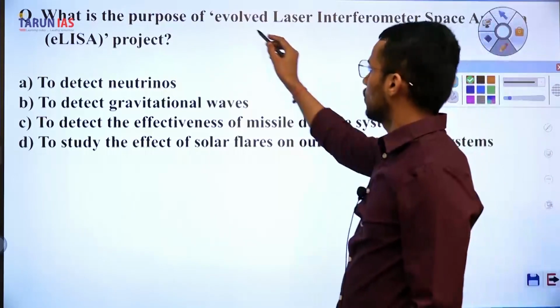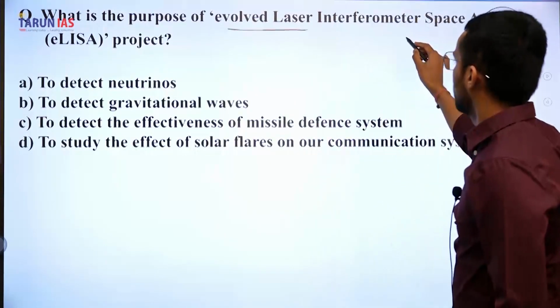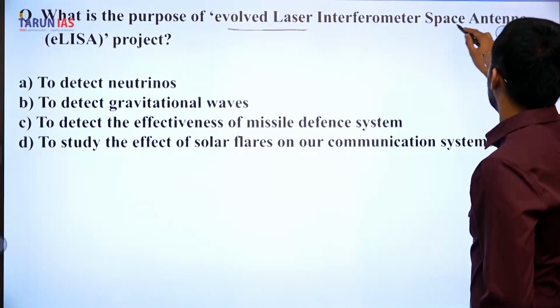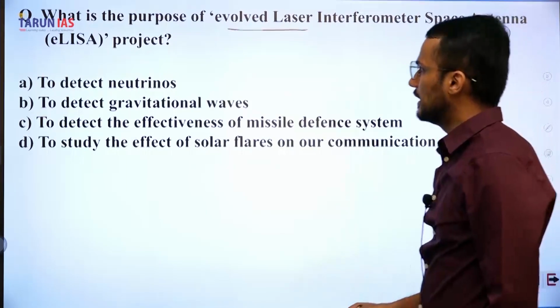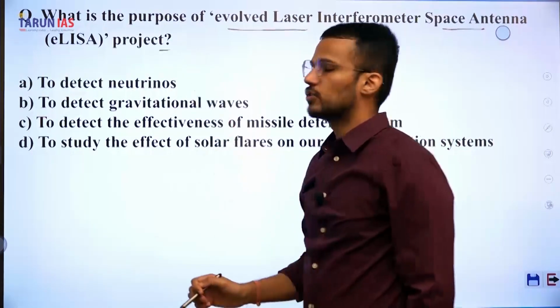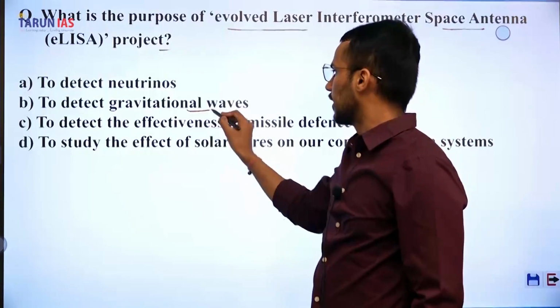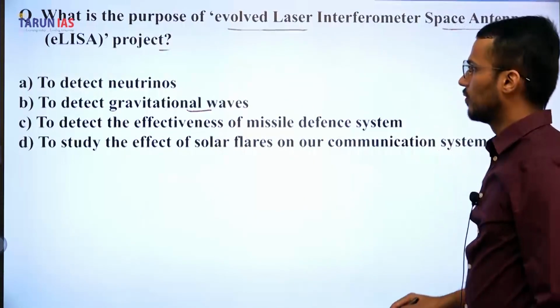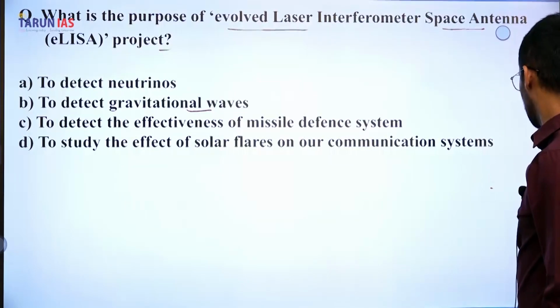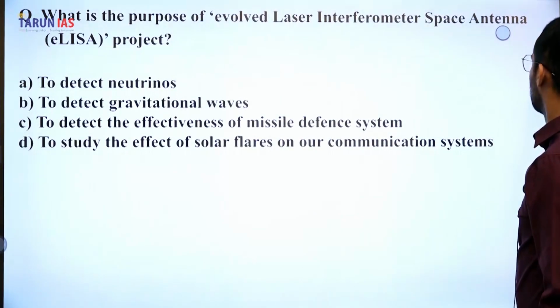What is the purpose of the Evolved Laser Interferometer Space Antenna, LISA, project? Fine. So this is the project for the detection of gravitational waves, right? So LISA is for gravitational waves.